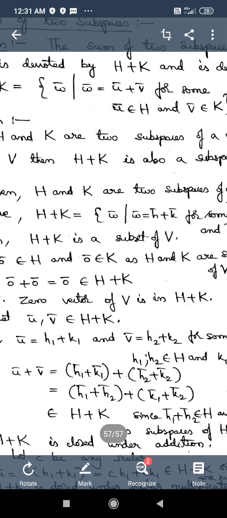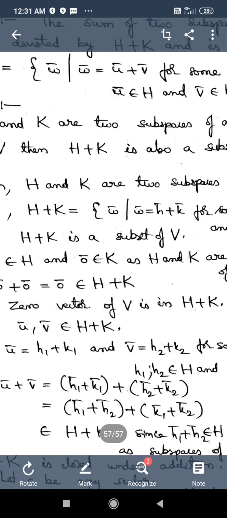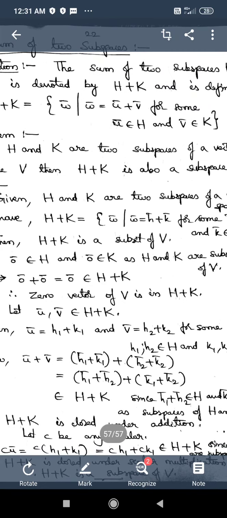So H1 plus H2 plus K1 plus K2 taken in separate brackets, we can see that each bracket belongs to the sets H and K respectively, and that is how that element belongs to H plus K.